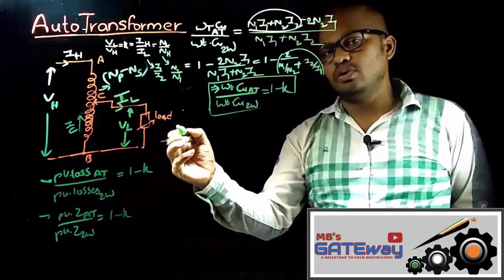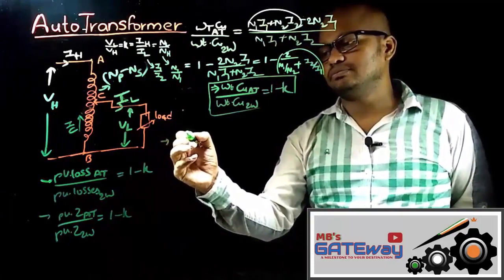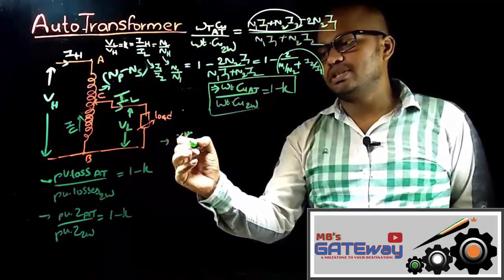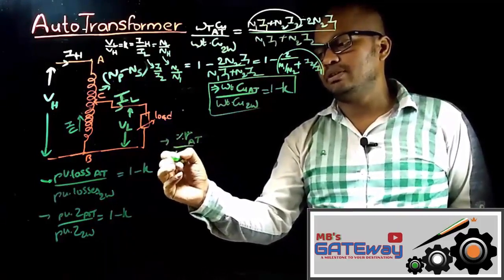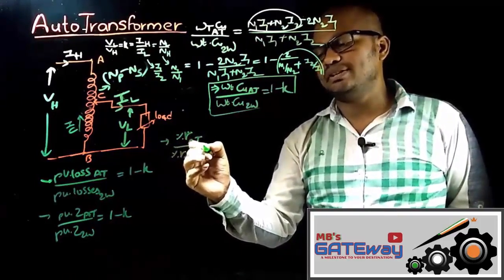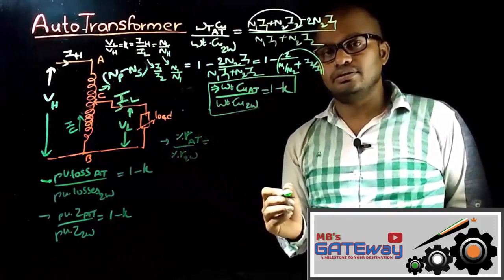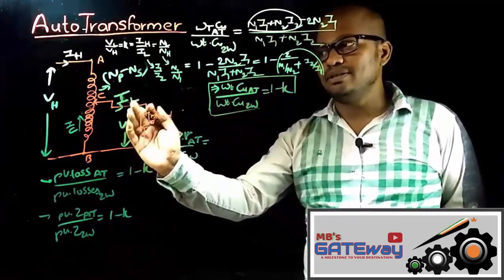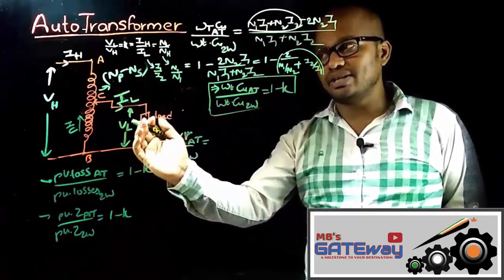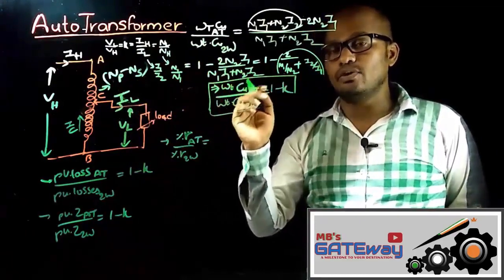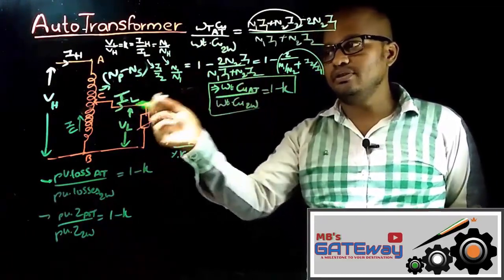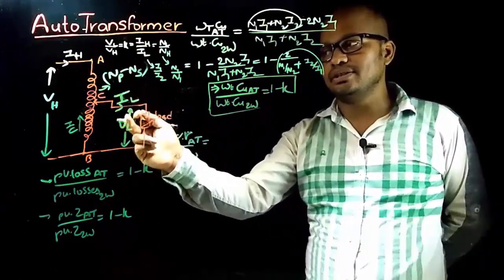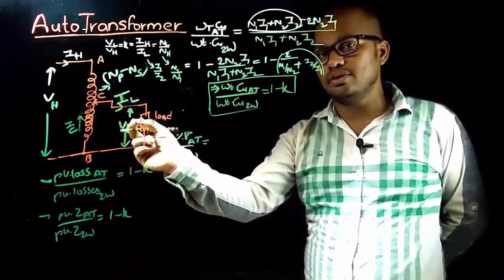And next, voltage regulation. Percentage regulation of autotransformer to the percentage regulation of two winding transformer. In case of autotransformer, as a single winding is used, the leakage reactance is less when compared with two winding transformer, because there two windings are used. Here only a single winding is used, and in this case the leakage flux is low.